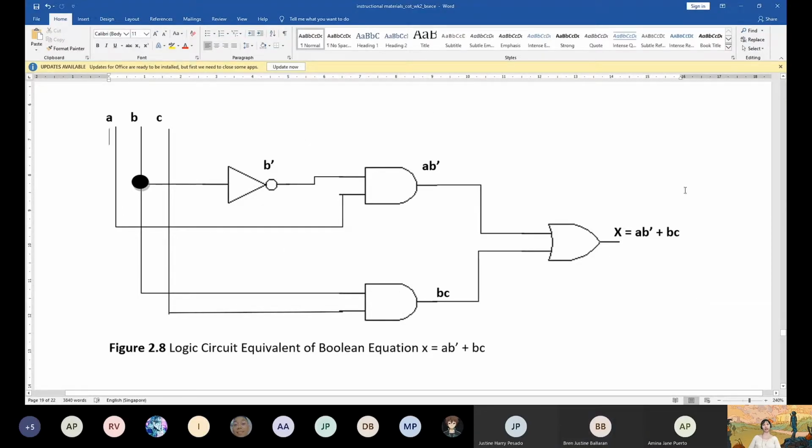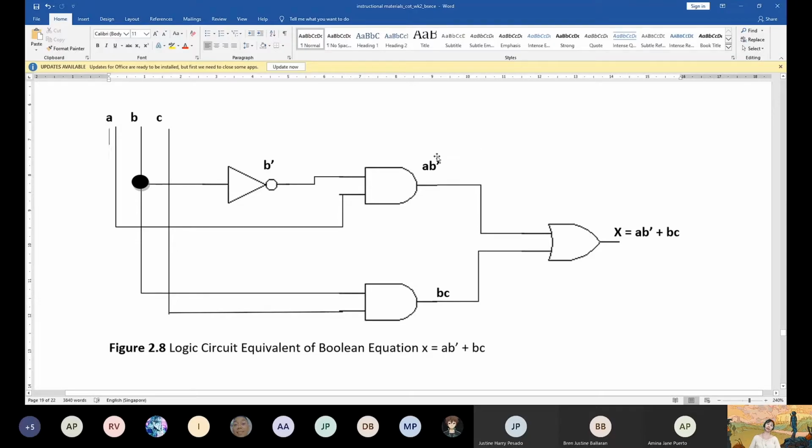So you need 4 gates. But how many ICs? IC means integrated circuit, the black packaging you see on a printed circuit board. So how many ICs do you need?